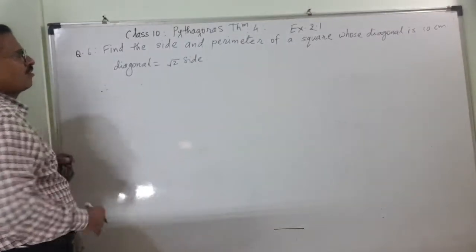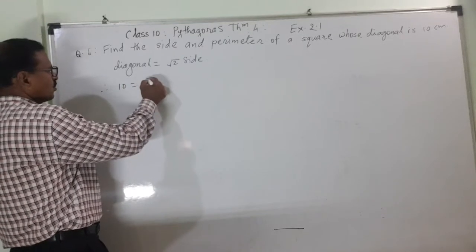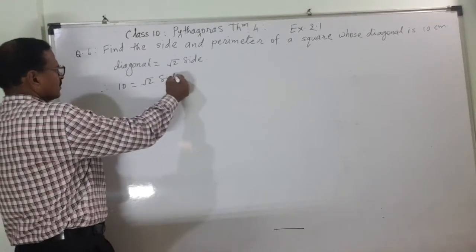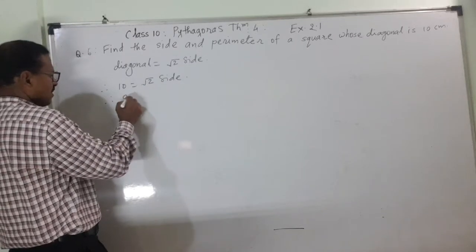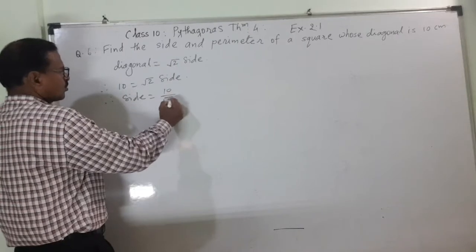Therefore, diagonal is 10 centimeters. So 10 is equal to root 2 into side. Therefore, side is equal to 10 upon root 2.